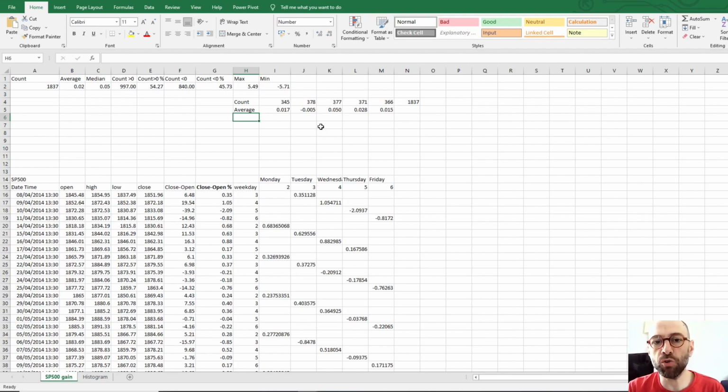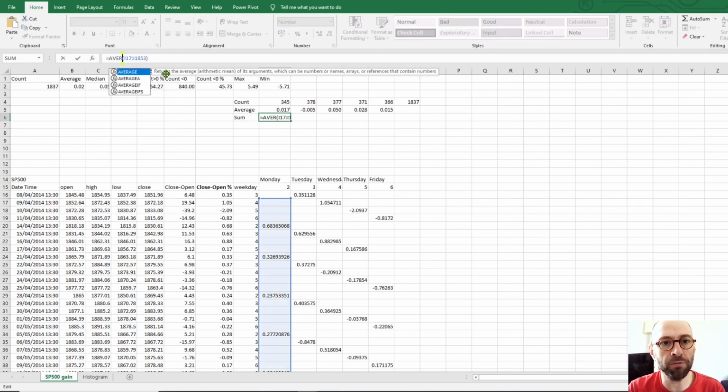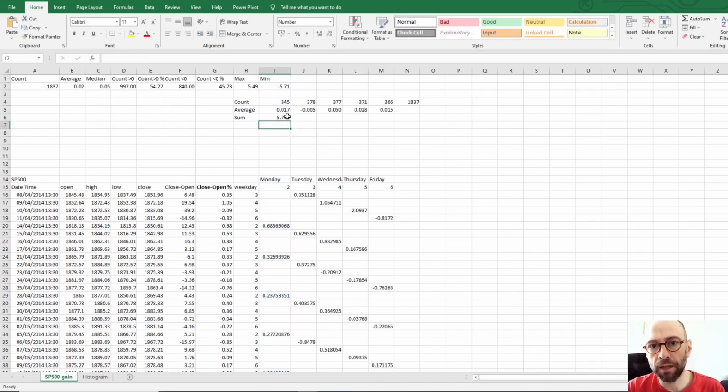Let's calculate the sum, so let's calculate the total gain for each day of the week. Instead of typing everything, I'll just use the value above and retype the formula. And there you go. 5.74% gain.